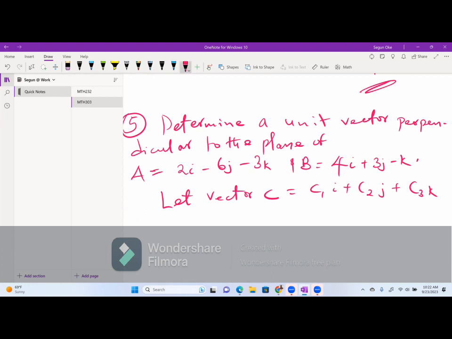Let this be the vector perpendicular to the plane of A and B. Then C is perpendicular to A and also to B.